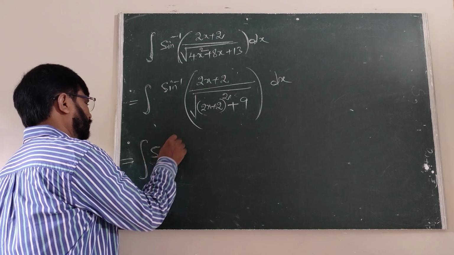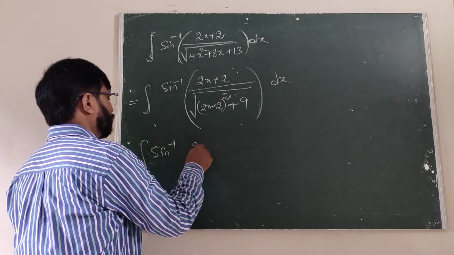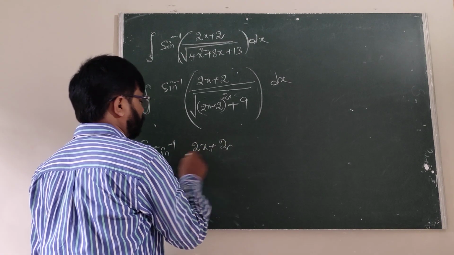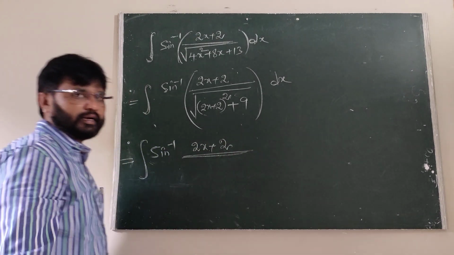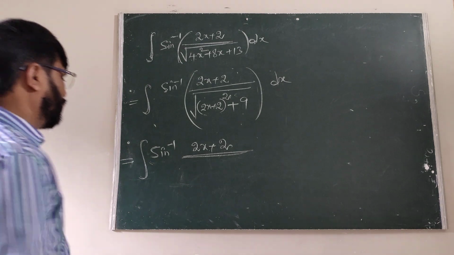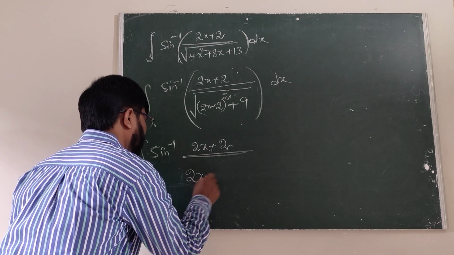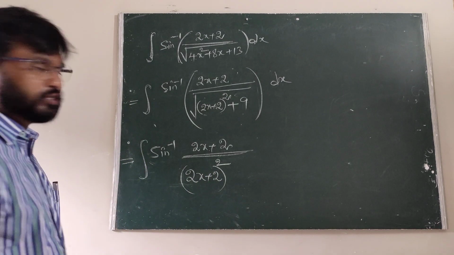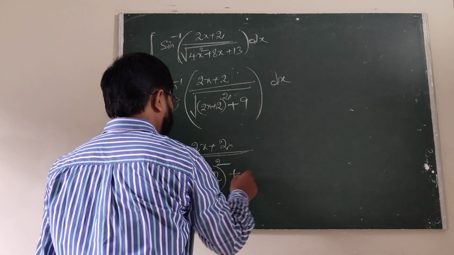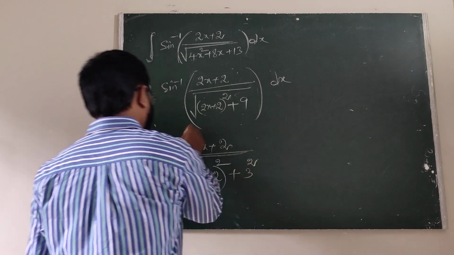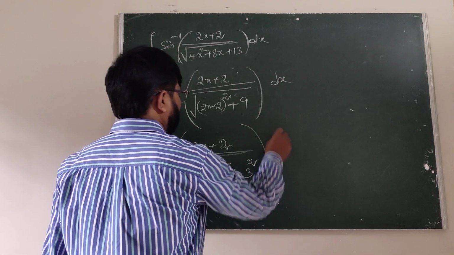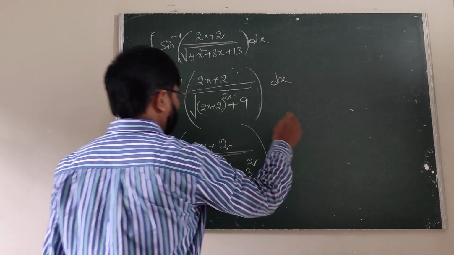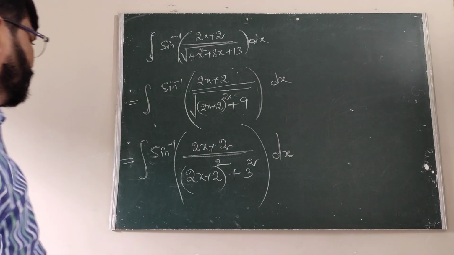Now this can be written as the integral of sine inverse of 2x plus 2 upon under root of (2x plus 2) whole square plus 9, where 9 is 3 square.